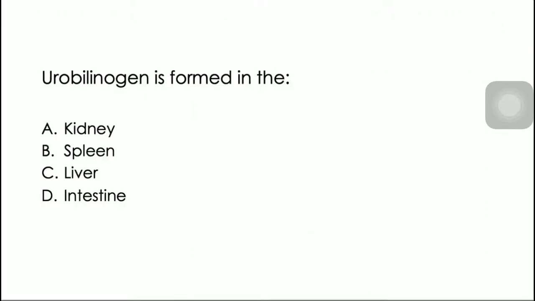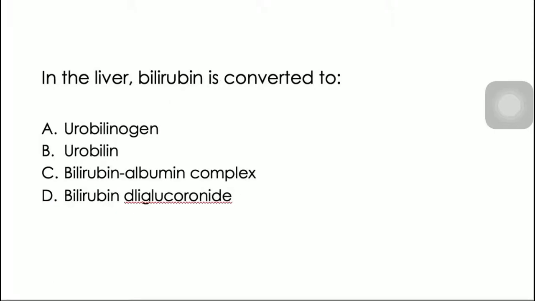Okay, so urobilinogen is formed in the intestine. Tama? So sa intestine po, the conjugated bilirubin is reduced by the intestinal bacteria to form your urobilinogen. In the liver, bilirubin is converted to... So, in the liver nga po, there's the enzyme uridine diphosphate glucuronyl transferase sa ating mga hepatocytes or liver cells.